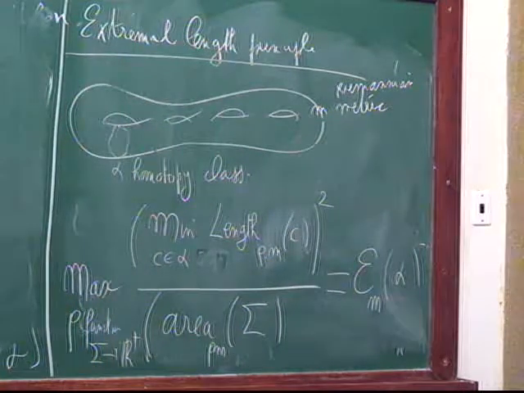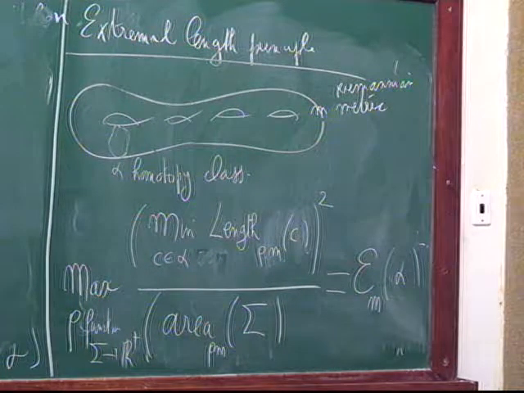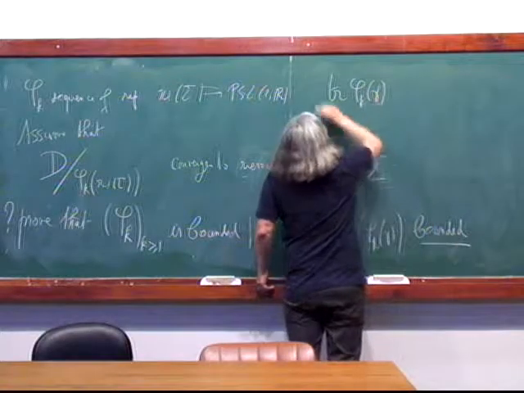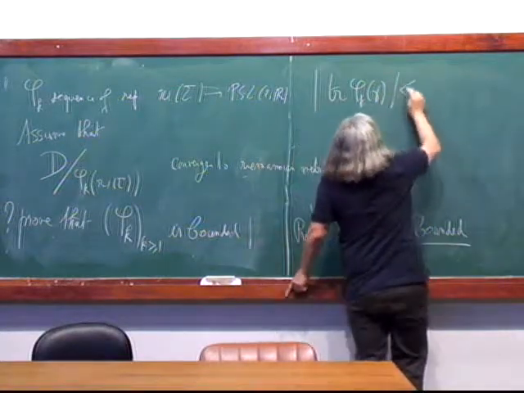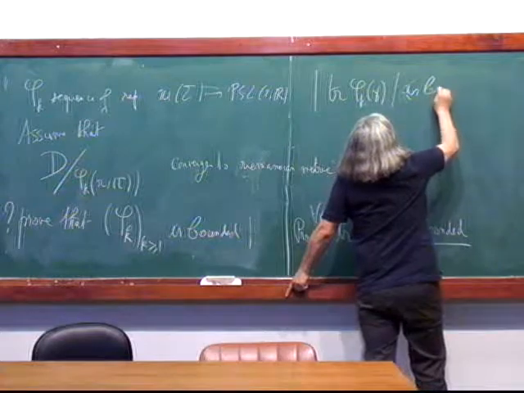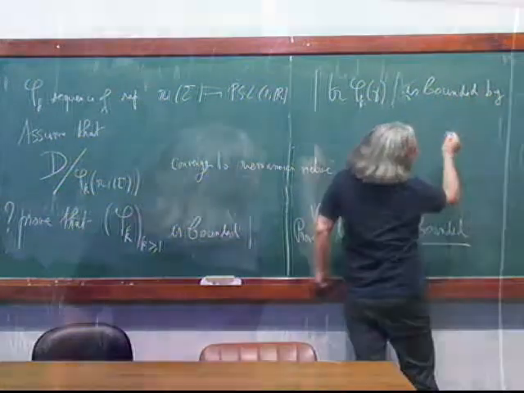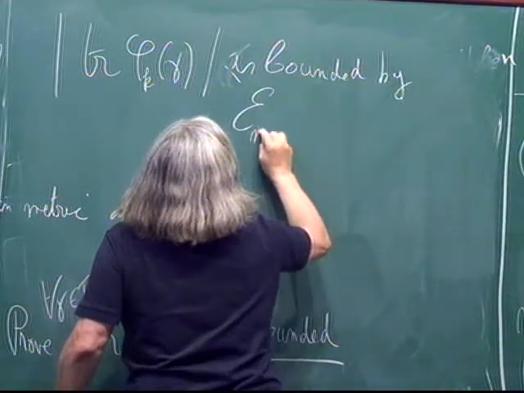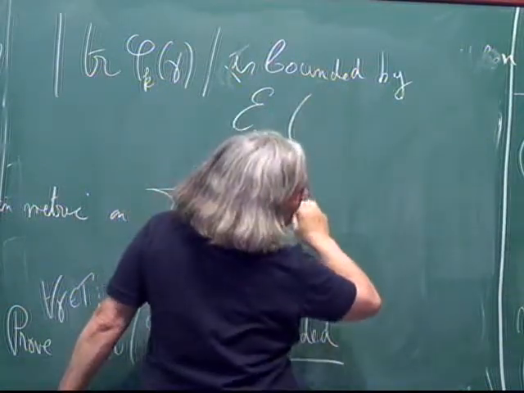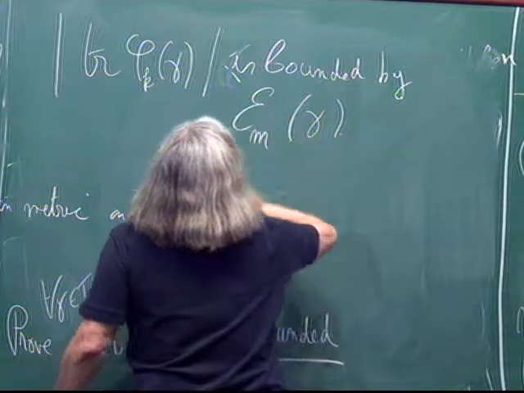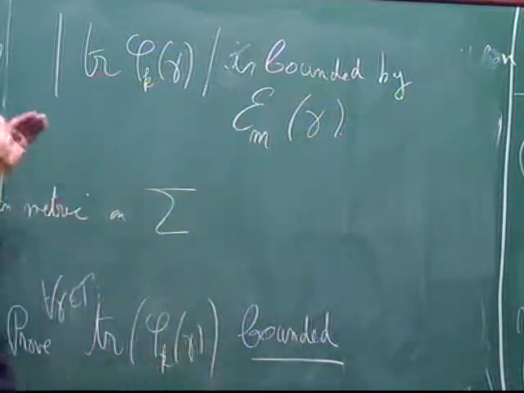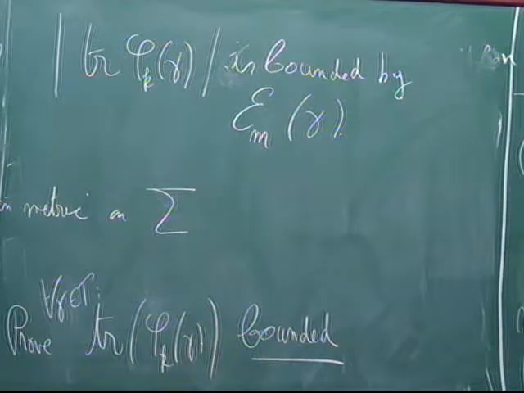You get that the trace of phi k of an element gamma is bounded by those extremal lengths. And this gives a bound for the traces and hence proves that the family of representations stays in a bounded domain, and then you have a limit.